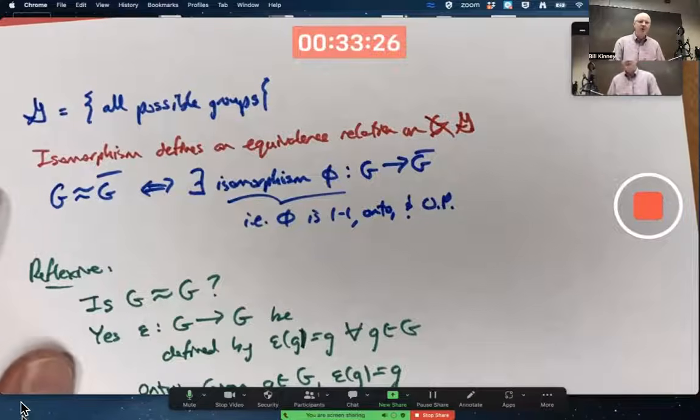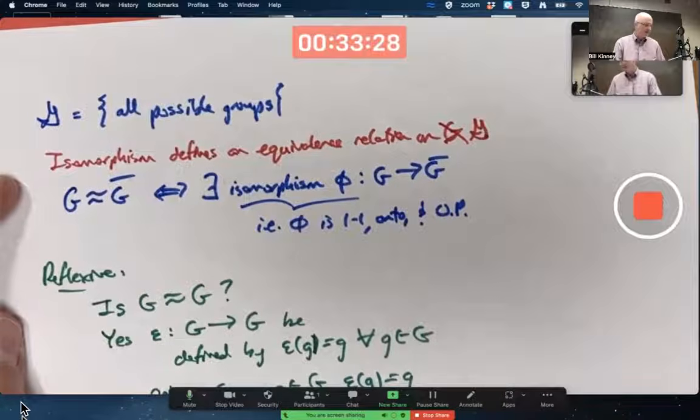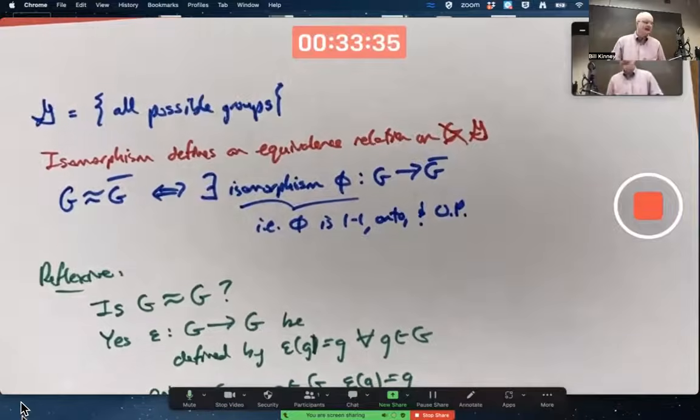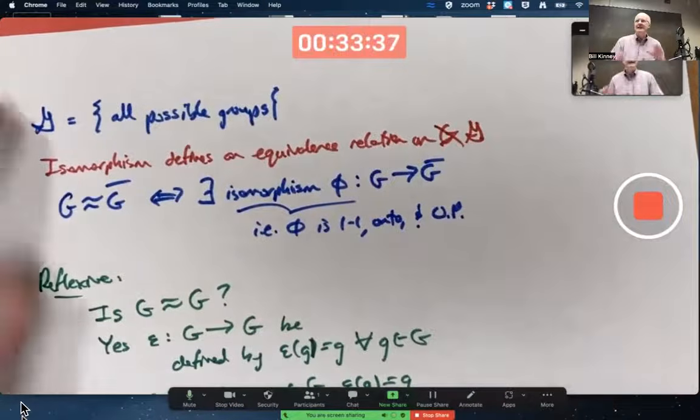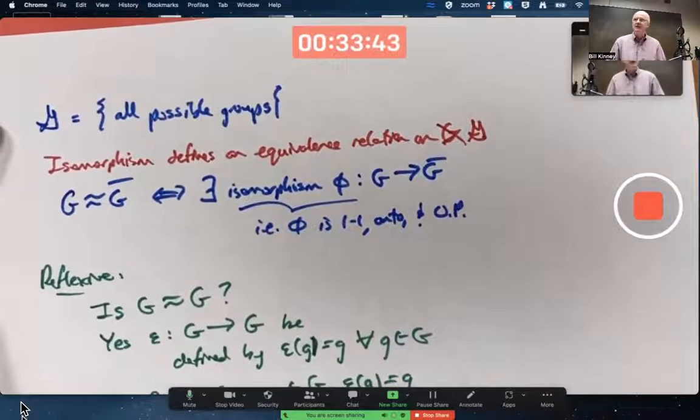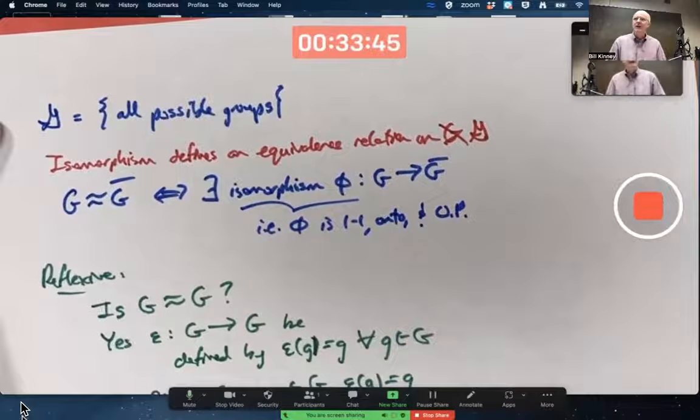So the fact that isomorphism is an equivalence relation on cursive G, the set of all possible groups, means that it partitions that set into pieces that are disjoint, non-overlapping, and whose union is all of G. That can be quite a significant thing sometimes, especially in group theory here when we start chapter 7 on something called Lagrange's theorem. That's going to be a big, big deal.